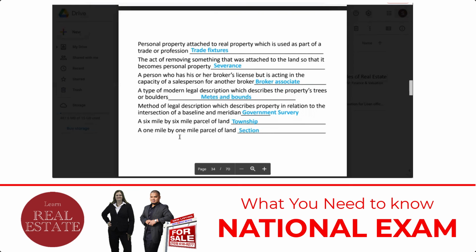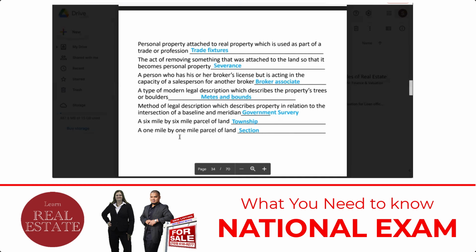A person who has his or her broker's license, but is acting in the capacity of a salesperson for another broker, is called an associate broker. The type of modern legal description that describes the property's trees or boulders. So like if you see a question that talks about an old oak tree, I want you to know immediately we're talking metes and bounds.